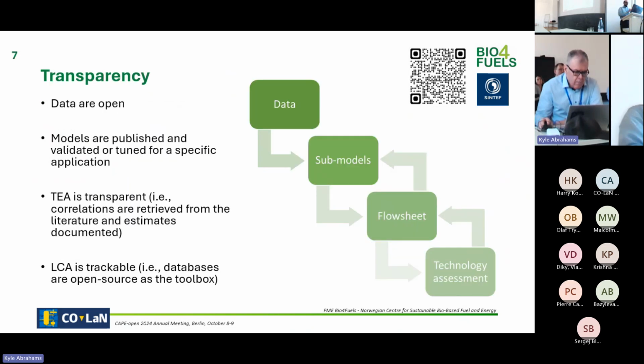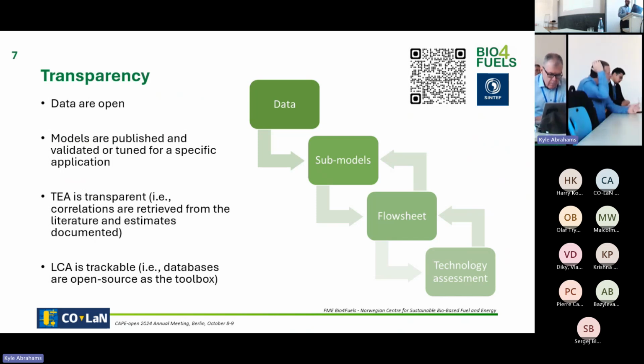And also we want to be transparent in what we are doing. So essentially the data should be open, the models are available in the literature and are tuned for a specific application, but we are able to report our models, and the techno-economic analysis is completely transparent.